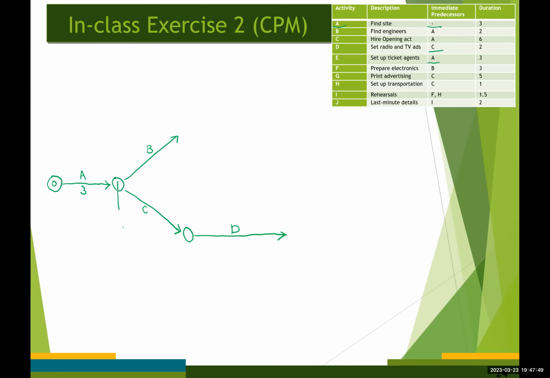So I'm going to have E down here. How about F? F has a predecessor, which is B. So I'm going to have F up here. How about G?